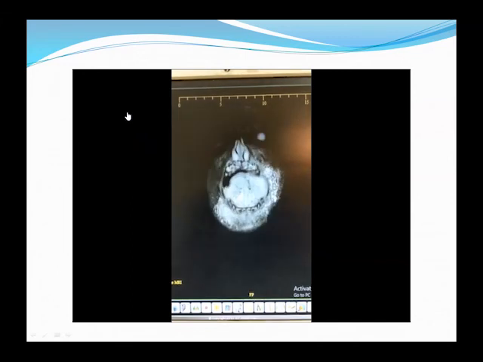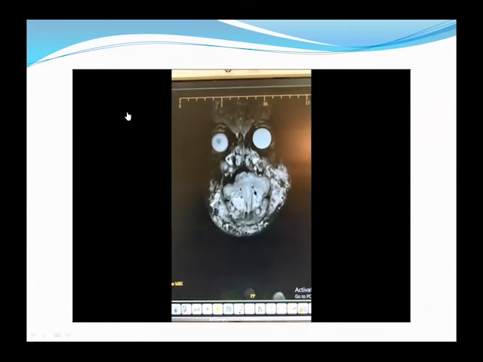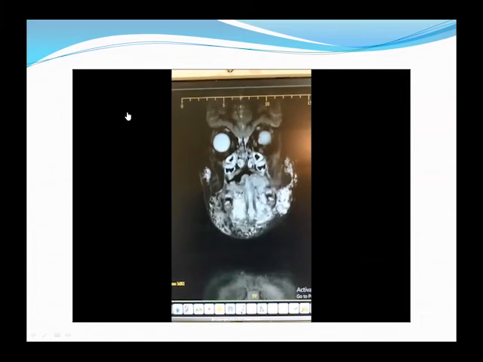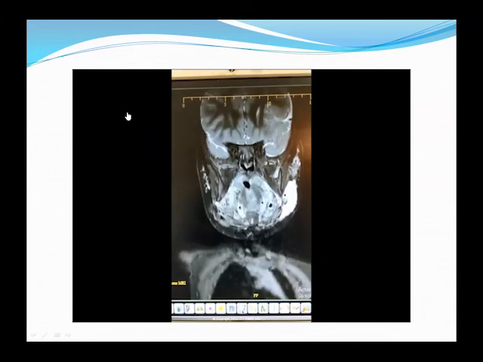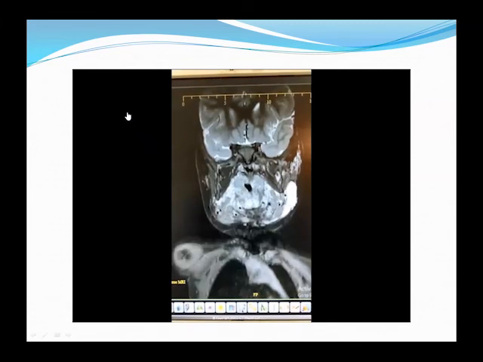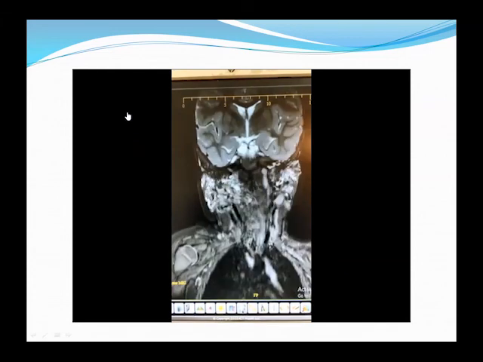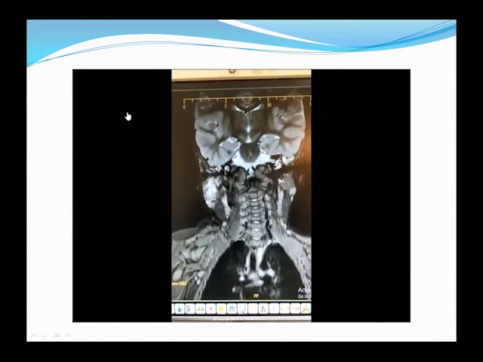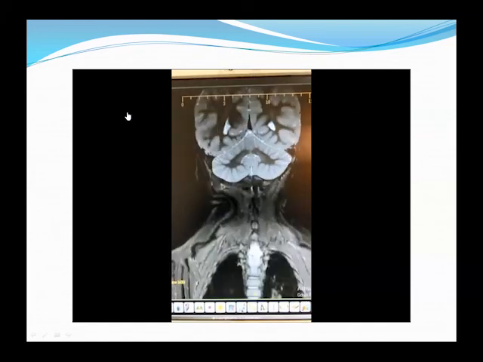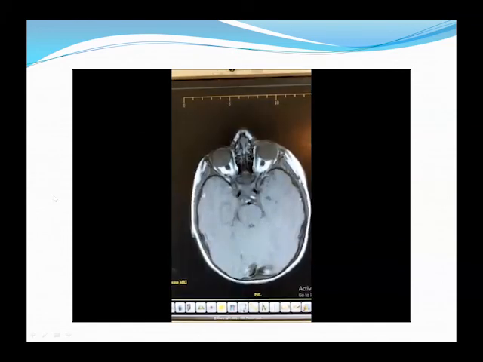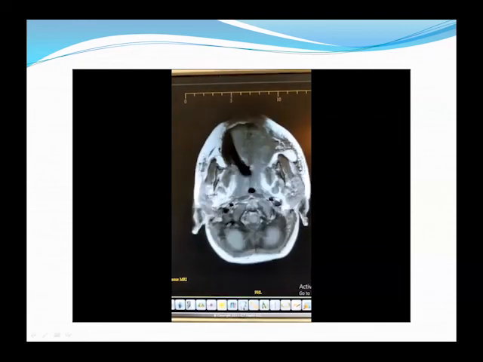As I mentioned, she had already been started on intralesional bleomycin injection, and she received 2 doses. After we repeated these images, they reported that it is a mixed lesion, micro and macrocystic.